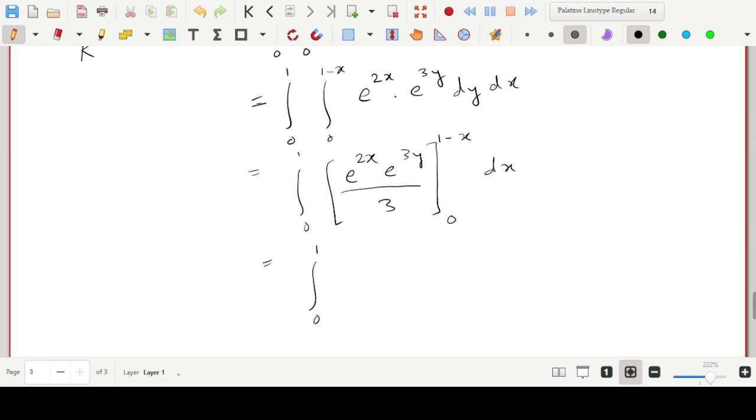This x is the limit of integration for y, so we shall substitute for y in terms of x. So e to the power 2x as it is, e to the power 3 times 1 minus x, over 3, minus e to the power 2x multiplied by e to the power 0, which is 1, over 3.